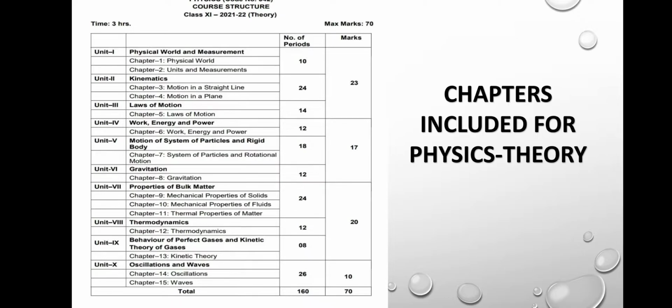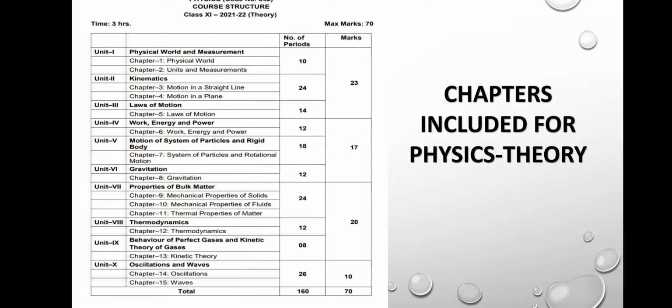Under unit 7 you have properties of bulk matter, which includes chapters 9, 10 and 11. Chapter 9 is mechanical properties of solids, chapter 10 is fluids and chapter 11 is thermal properties of matter. In unit 8 you have thermodynamics, that is chapter 12.